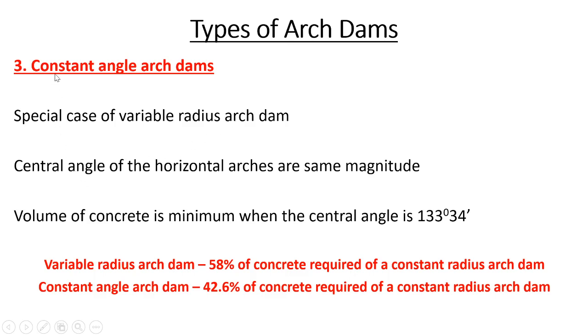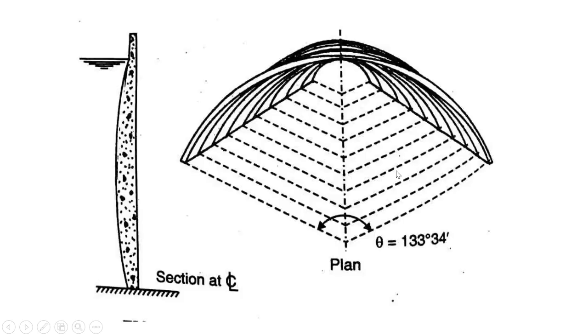But in a constant angle arch dam, even though the dam is a variable radius arch dam, the central angle of the horizontal arches are of the same magnitude. You see this figure. This is a typical cross section and plan of a constant angle arch dam. See, this is the outer face or extrados, and this is the inner face or intrados.